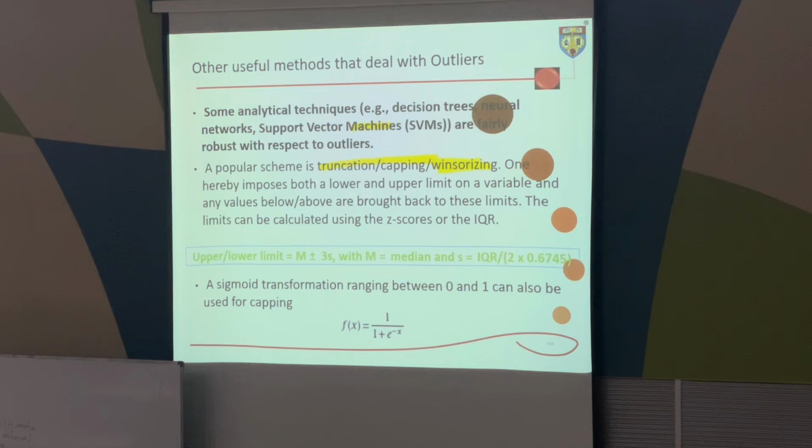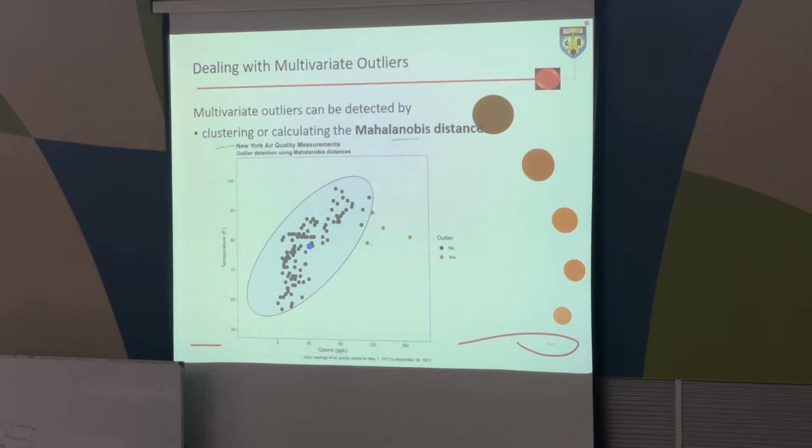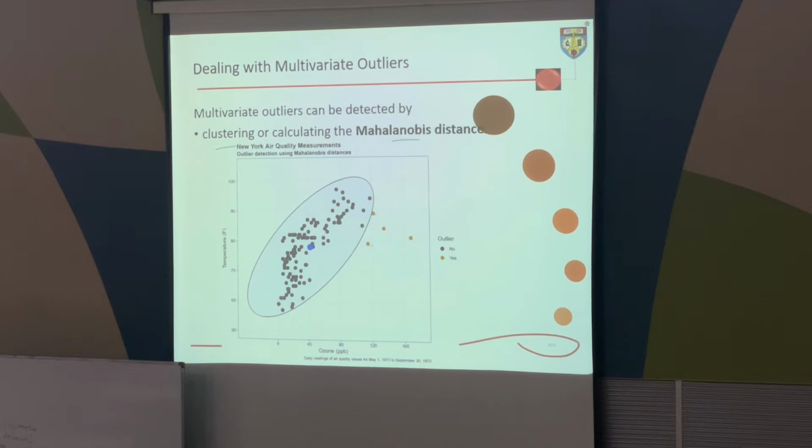So for example, once we have identified the outliers like this, we'll replace these outliers with any values that are near to it.